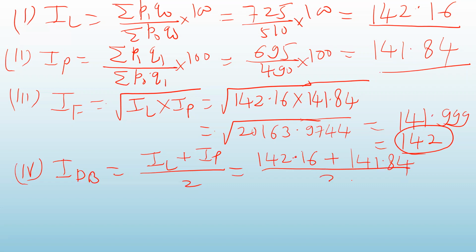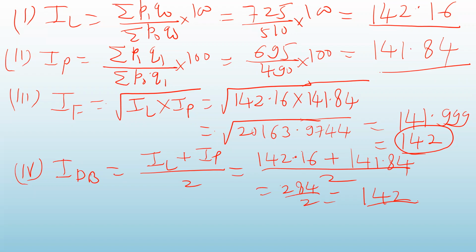Add them and divide by 2. 142.16 plus 141.84 gives you 284. 284 divided by 2 gives you 142. So IDB is also 142.